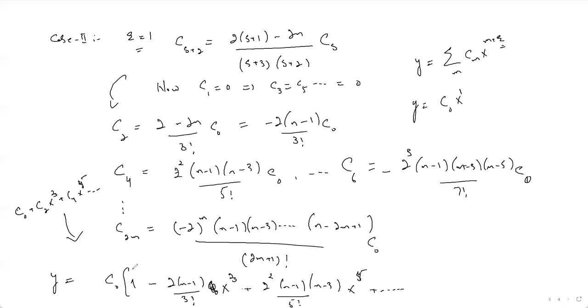This term also will become x here, this is x. So it will be c0x plus, now when m is equal to 2, it will be c2 x raised to power 3 plus c4 x raised to power 5. This will be the solution. So c0x minus 2, this will be the solution.